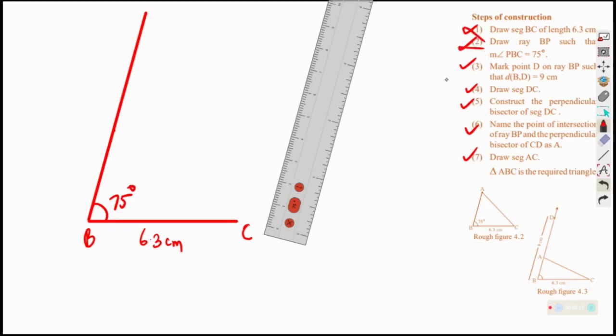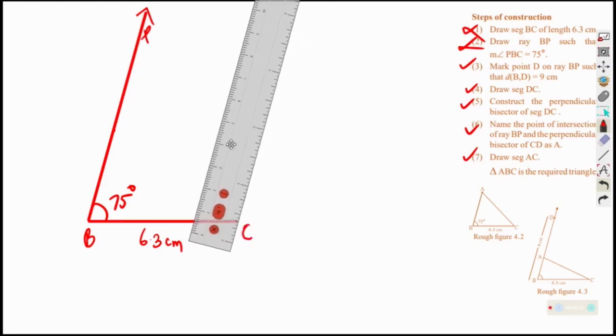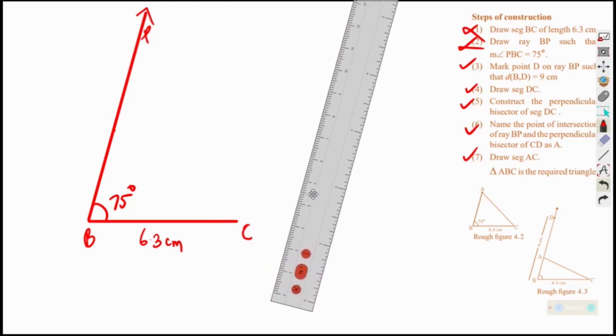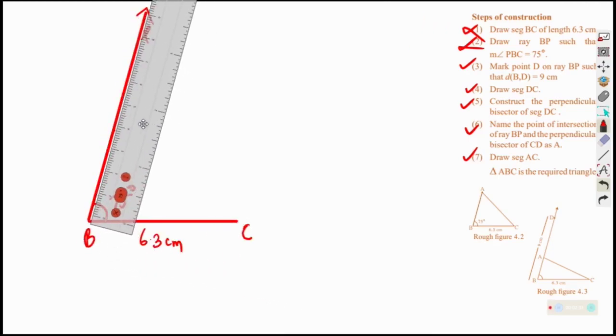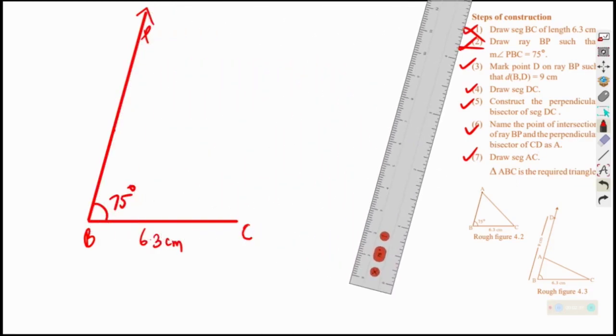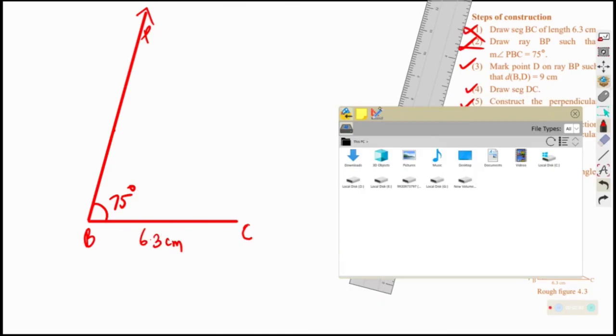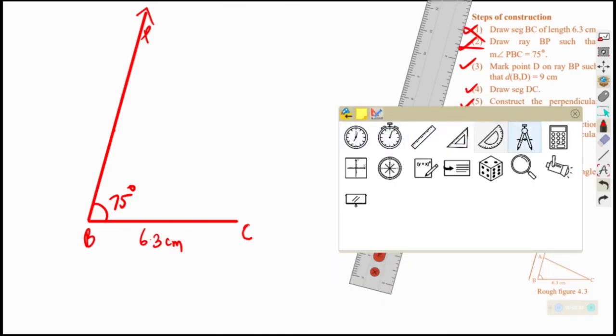Otherwise you can do it with the scale also, but for more accuracy you need a compass, and 9 centimeter is possible over the screen. So I will take the compass from the magic box or geometry box. They have named the digital one the magic box. Okay, I can draw 9 centimeter over here. It is possible to have 9 centimeter with the scale also, but better draw with a compass when it is possible.